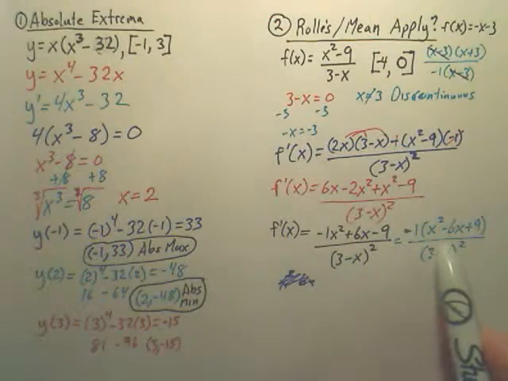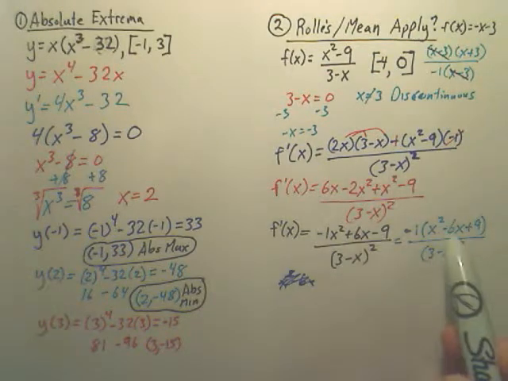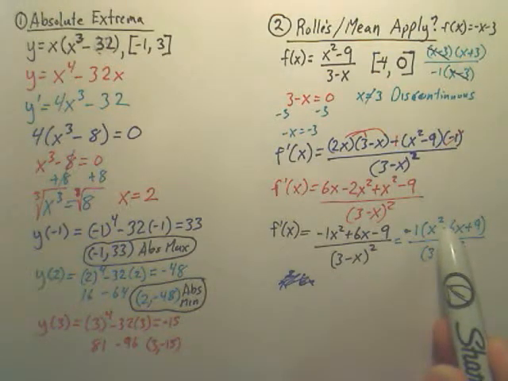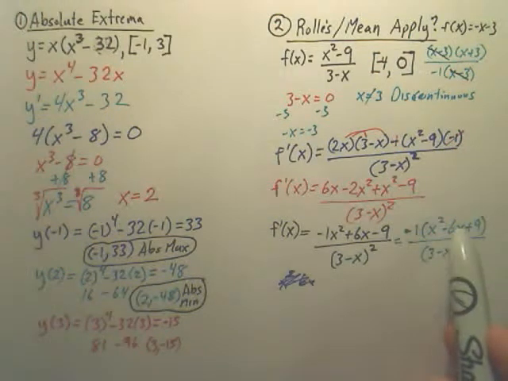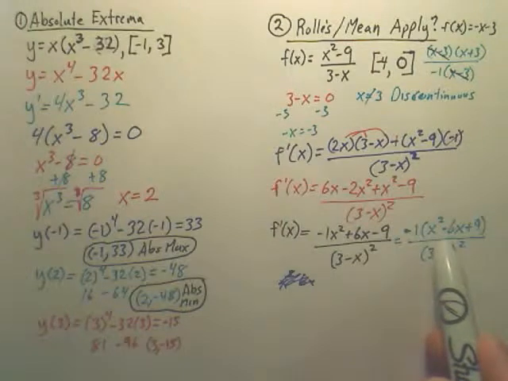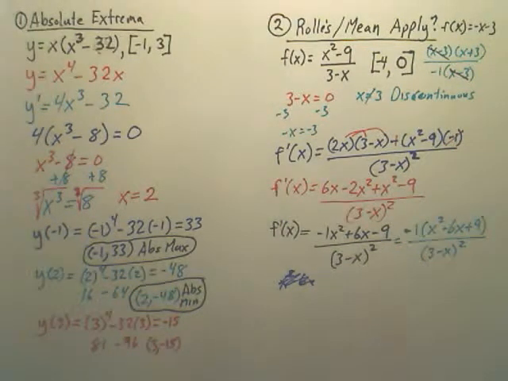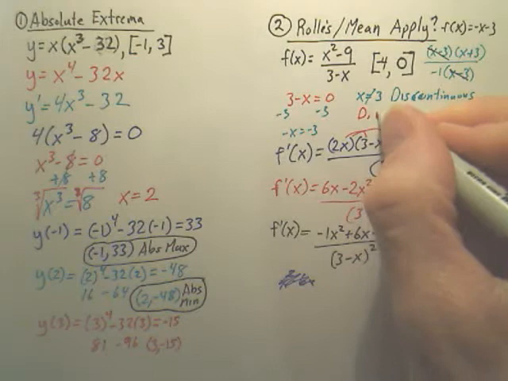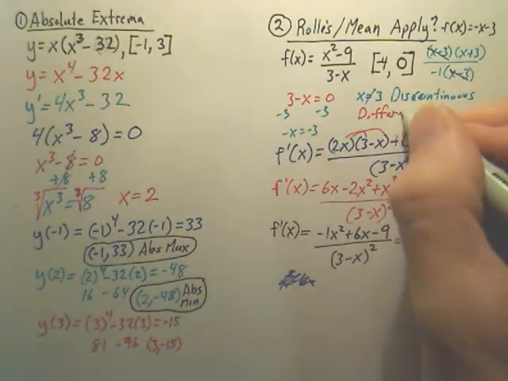Looking at this, I did all this work, so let's start over. Is this differentiable? Are there any issues that mess it up on the interval? No, so this one is differentiable.